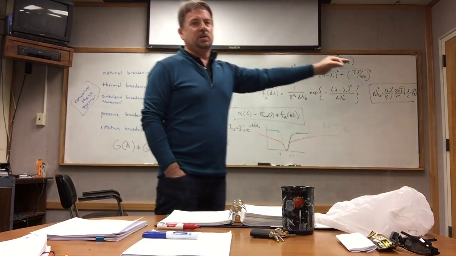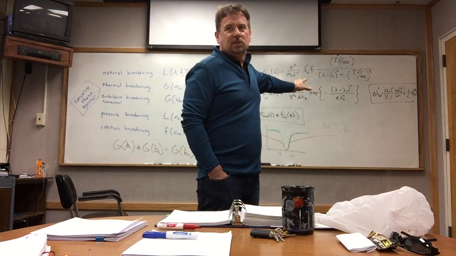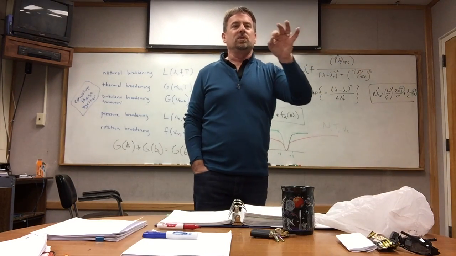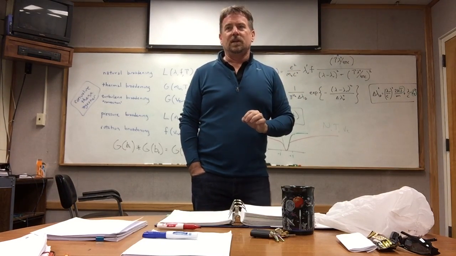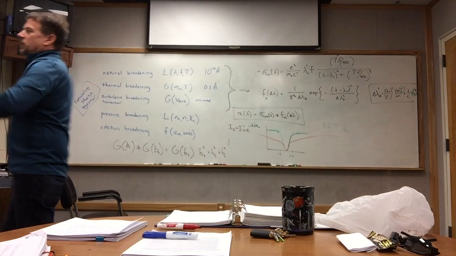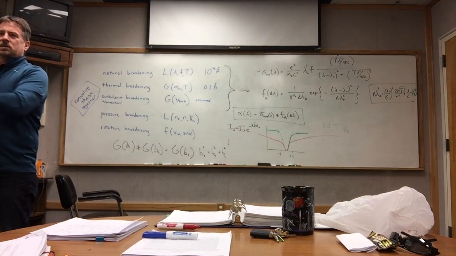So I have to go to calcium lines, and I do the same model on the calcium lines, and I get out the column density of singly ionized calcium in the ground state. And then I go to iron 2 lines, and I get the column density of singly ionized iron in the ground state.